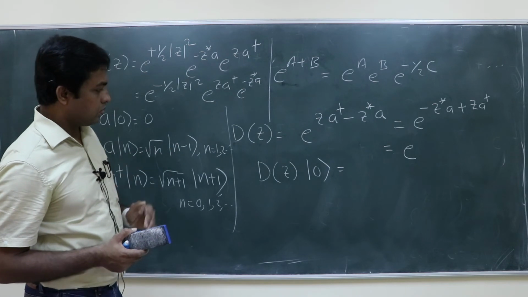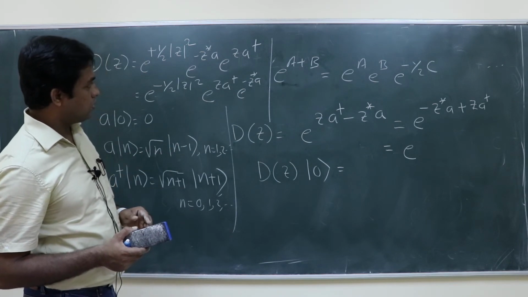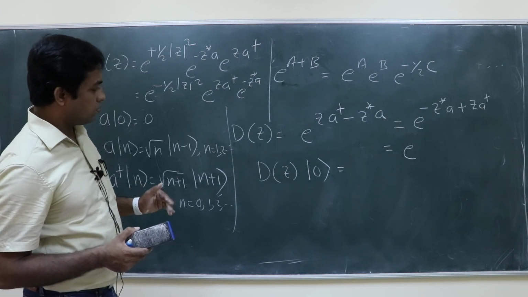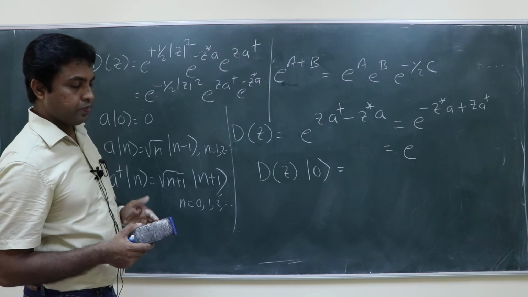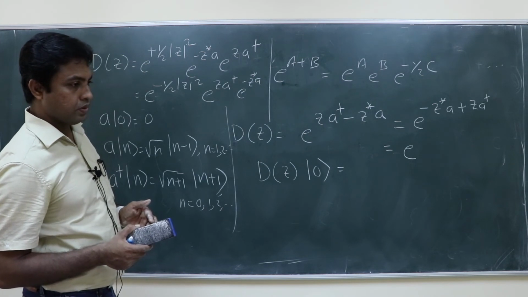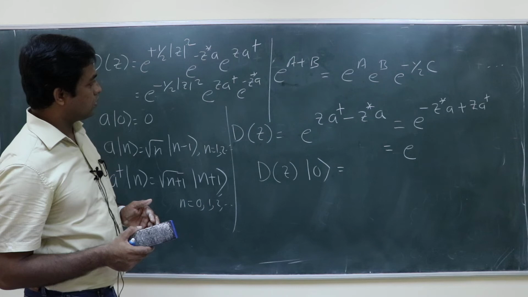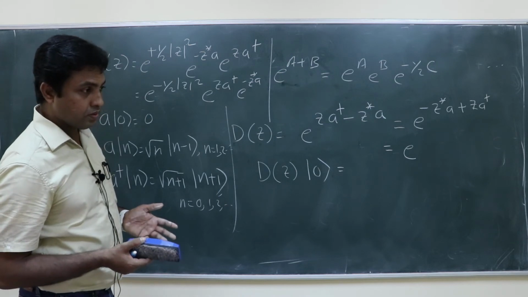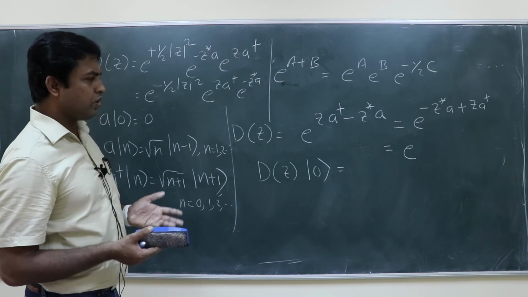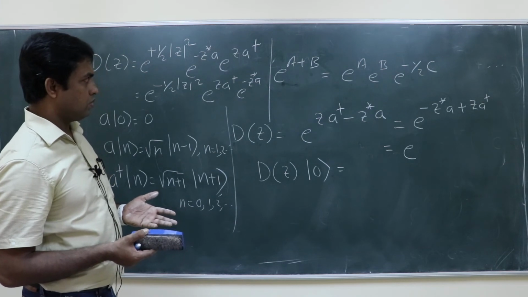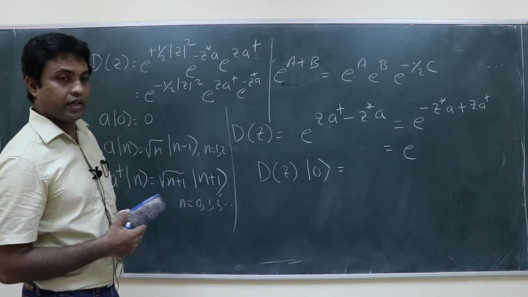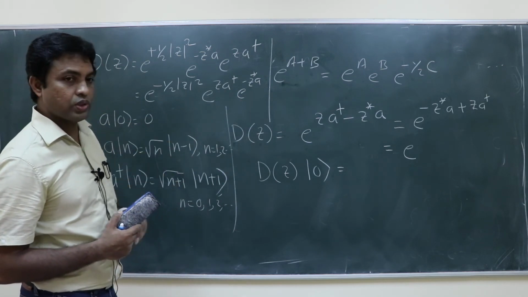So a dagger will take the expression or the operator with e to the power a dagger up, and the other one will take it down. Otherwise, if we operate e to the power minus z star a on the ground state, will it give 0? No, it is not 0. A acting on ket 0 is 0, but e power minus z star a acting on ket 0 is not 0.